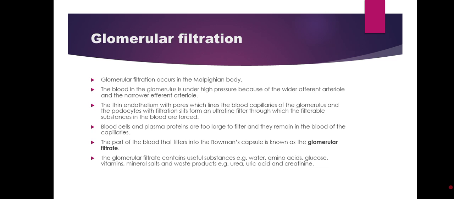Now the part of the blood that filters into the Bowman's capsule is known as the glomerular filtrate, as I mentioned, or you can call it the filtrate. Now, the glomerular filtrate contains useful substances: water, amino acids, glucose, vitamins, mineral salts, and waste products such as urea, uric acid, and creatinine.